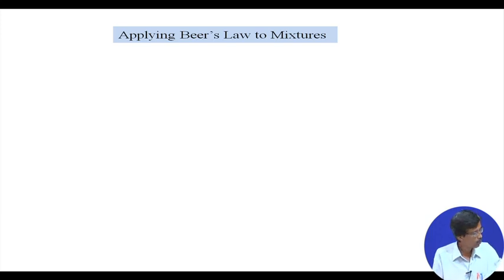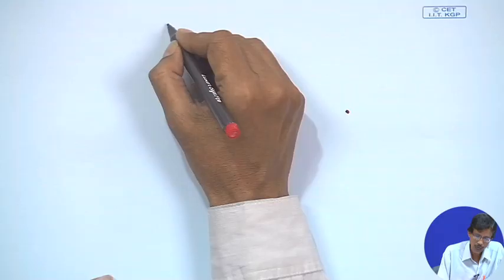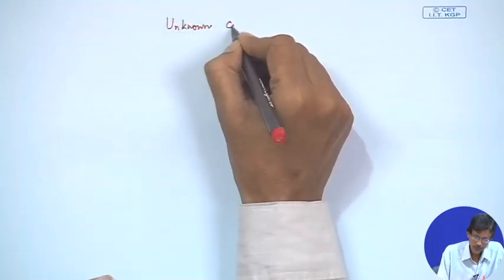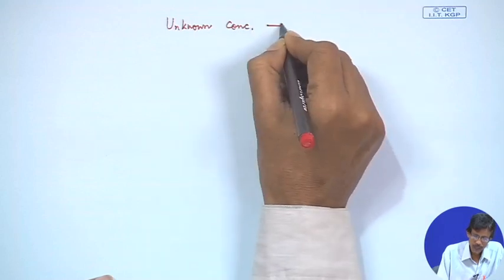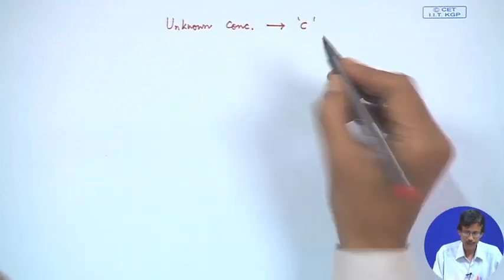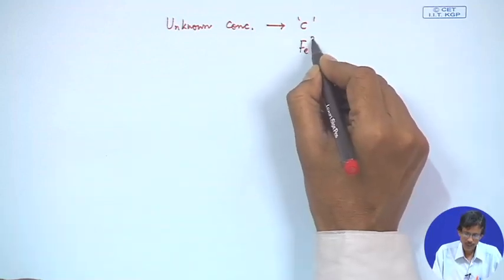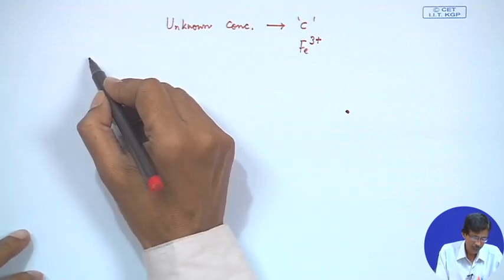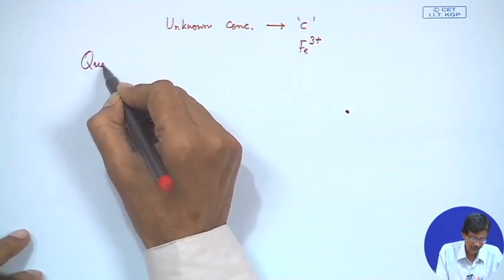Once we try to estimate the unknown concentration C for a solution, it can be a simple ferric solution, Fe3 plus and so on. So, we can have typical quantitative applications.